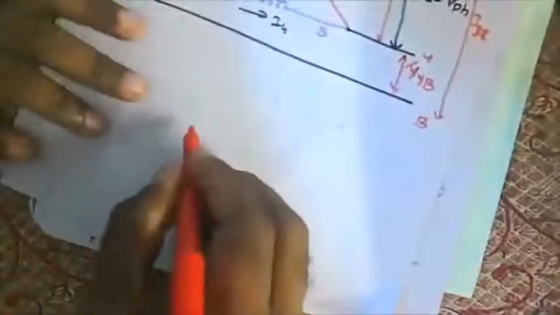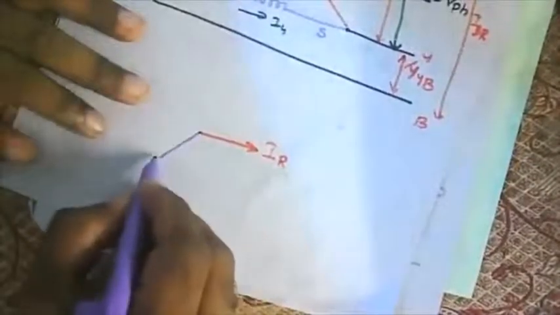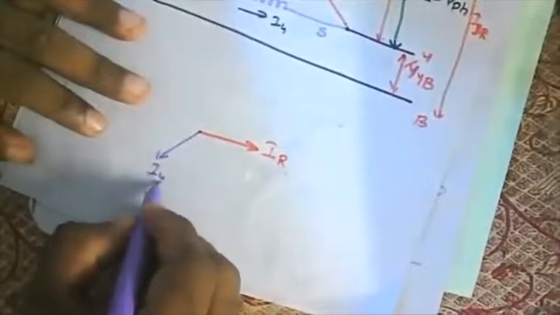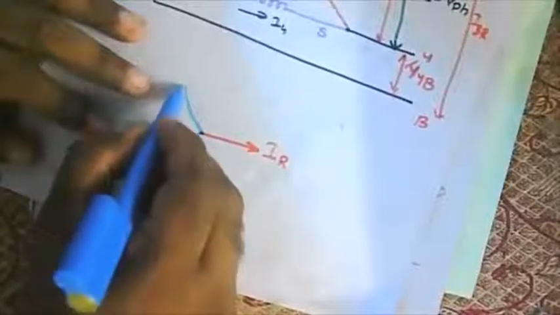Now, if I represent those currents vectorially, voltages are same, so I don't need to represent them. I want to represent the current. Here I will have my IR, here my IY, here my IB.